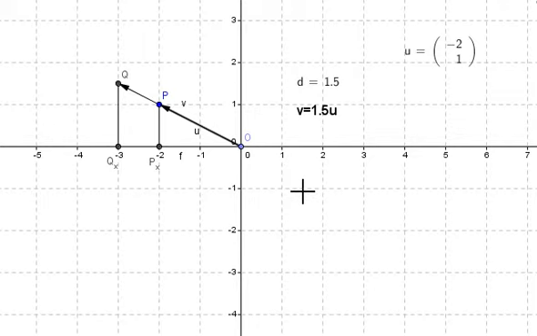And this explains why qx equals 1.5 times the coordinate px.